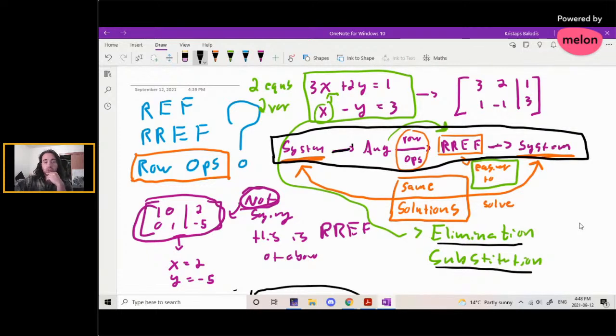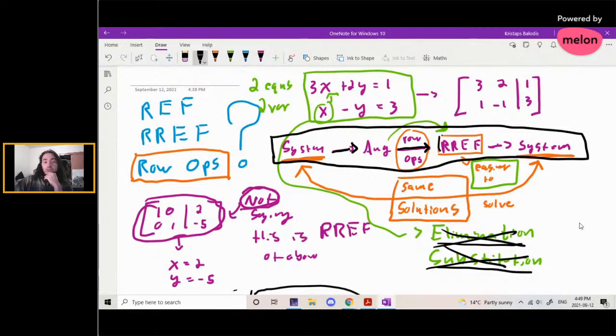We take that system, turn it into an augmented matrix, and then using row operations for larger systems is actually going to be better than elimination and substitution. It's going to be less messy, which means less chance you're going to make mistakes. And it's probably going to take less time too, almost definitely.